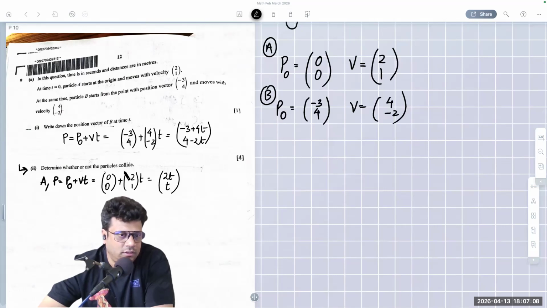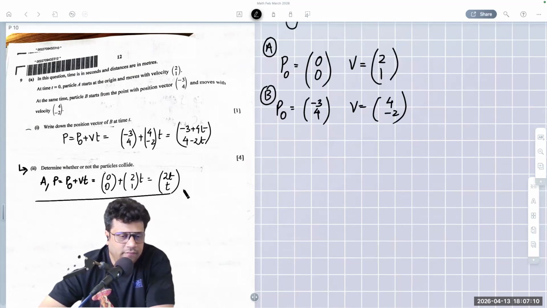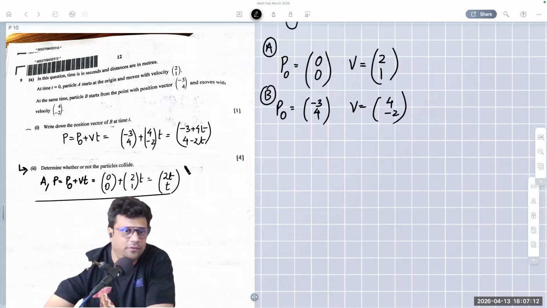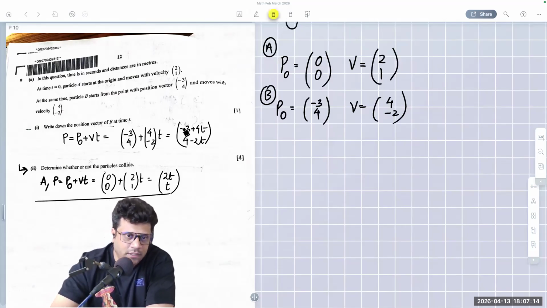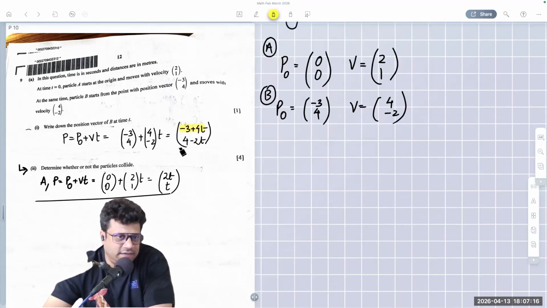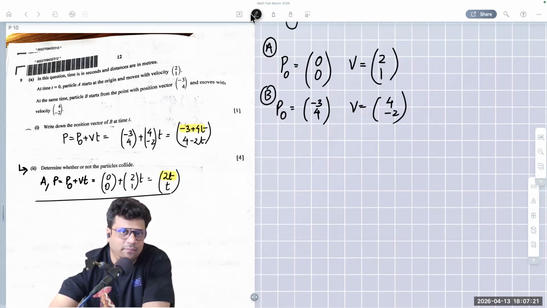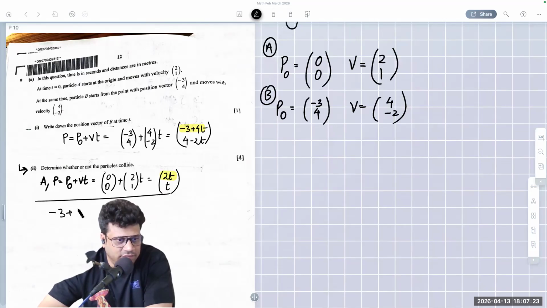Determine whether or not the particles collide. Well, for the particles to collide, the x of the position vector for B and x for the position vector of A should be the same. So negative 3 plus 4t should be equal to 2t, which gets you t equals 3 by 2 seconds.